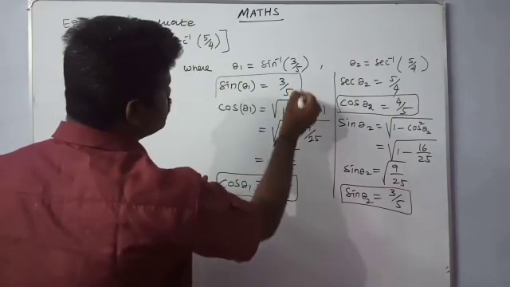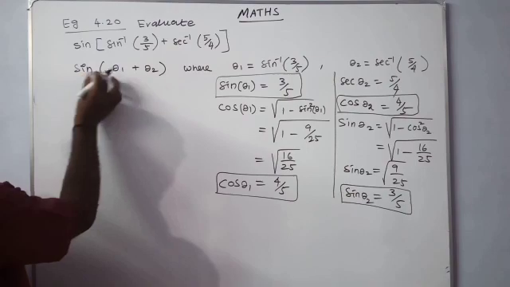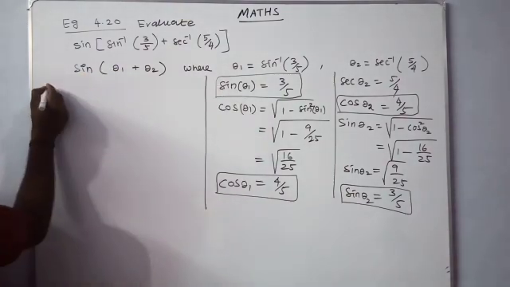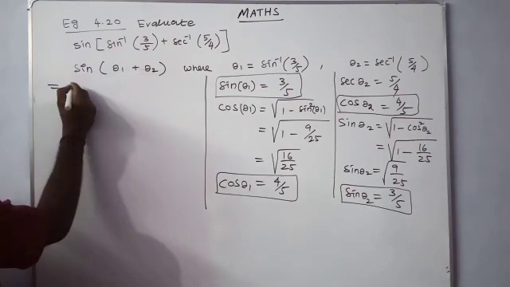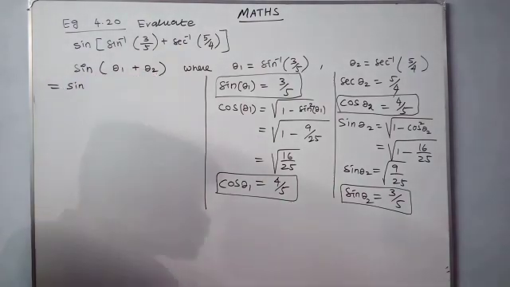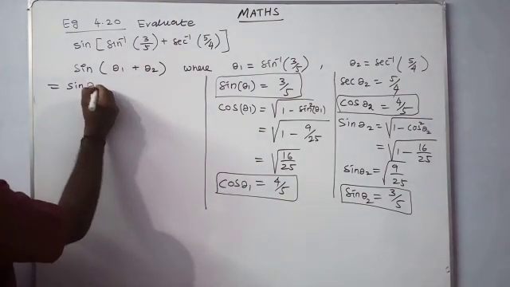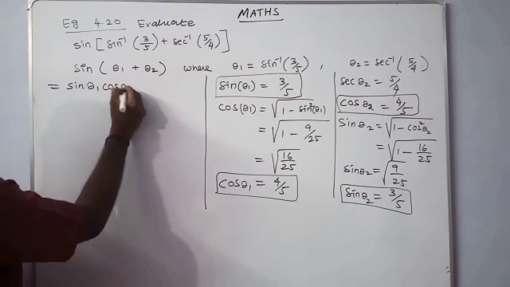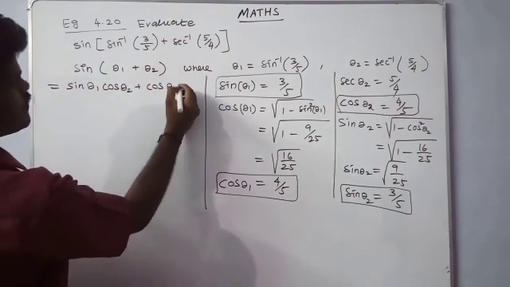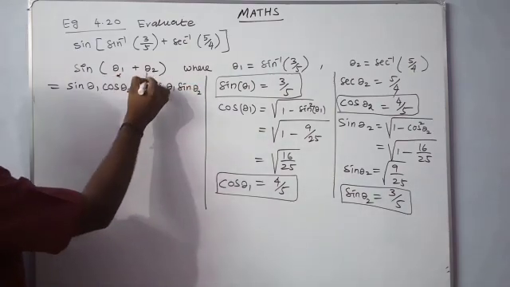Here sin theta 1. This value must be sine of theta 1 plus theta 2. What is the sine of theta 1 plus theta 2? Already we know the formula for sine alpha plus beta from 11th standard. What is the formula? Sine alpha cos beta plus cos alpha sine beta, because this is alpha and this is beta.